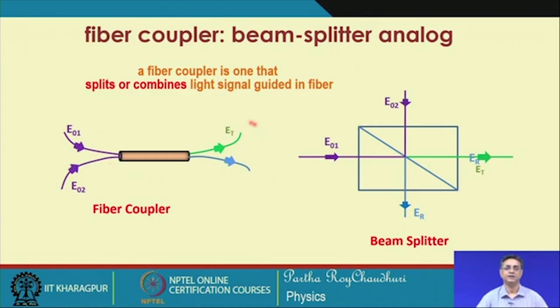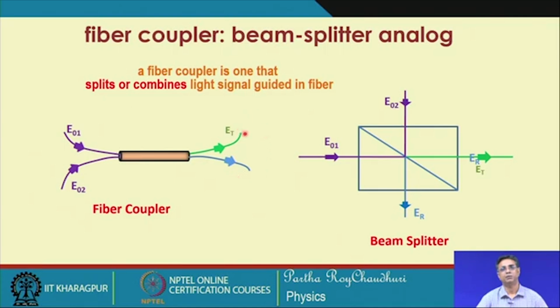Likewise, in the case of an optical fiber, if you have an input, it will be transmitted and a part of the light will be coupled. Similarly, if we consider the other input, that is, if the light is injected into the coupler from this side, then it could be coupled into this port and it may be transmitted in this port. This port is called the transmitted port or throughput port.